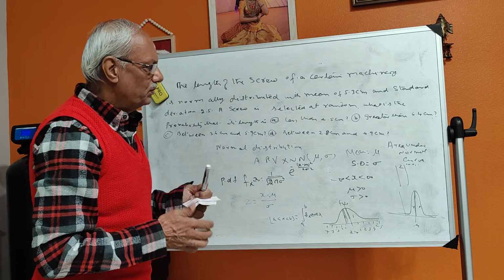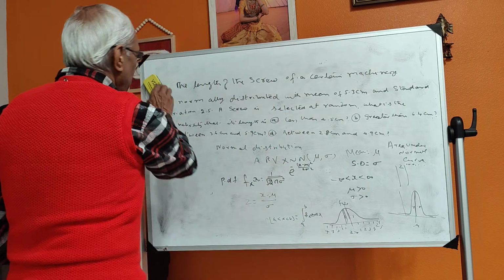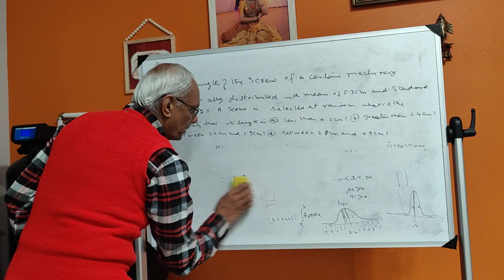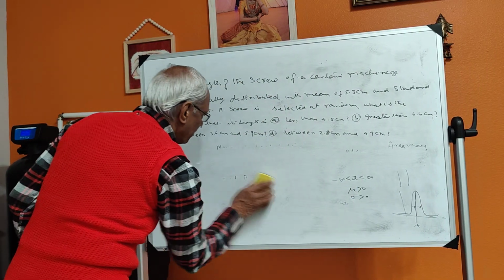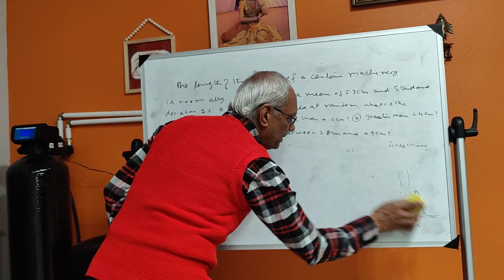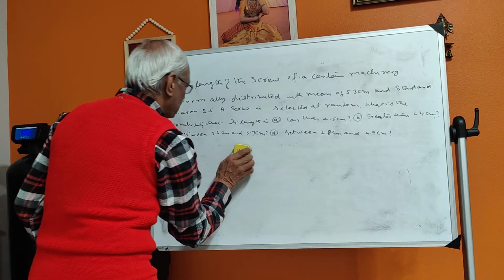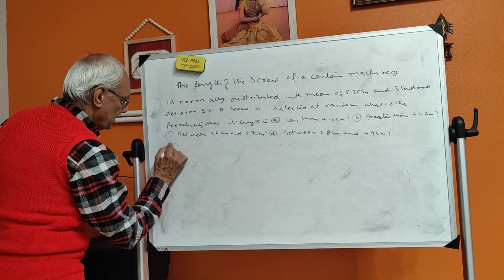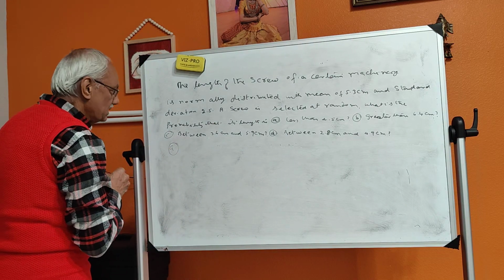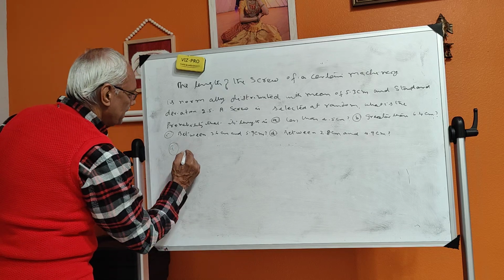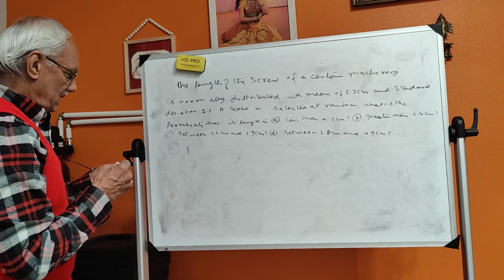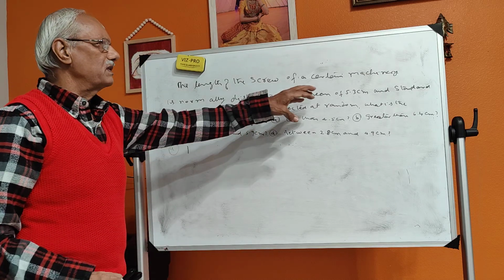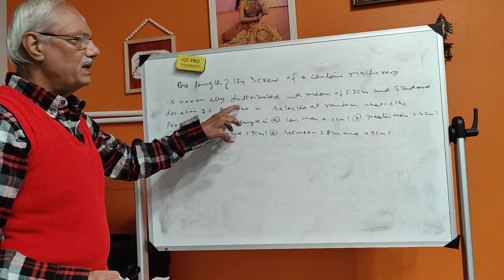Now let us come to the problem. Let me solve one by one here. What is the probability of this? The first problem is: the length of the screw of a certain machinery is normally distributed.